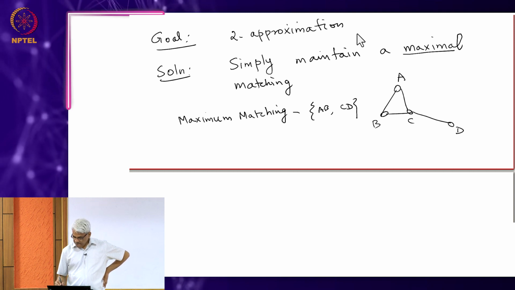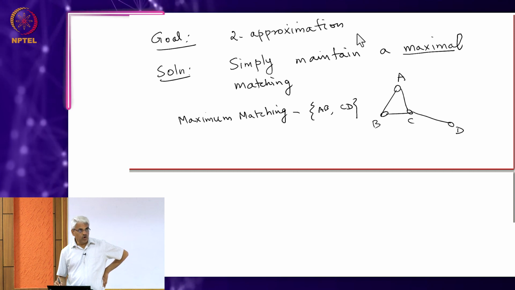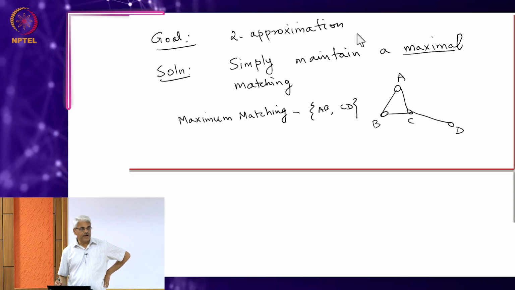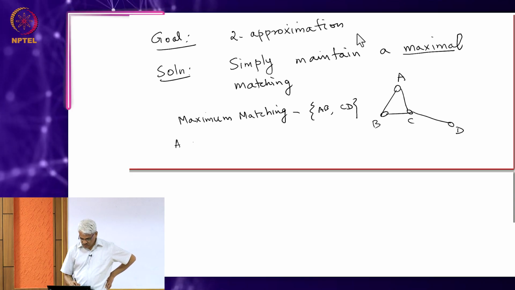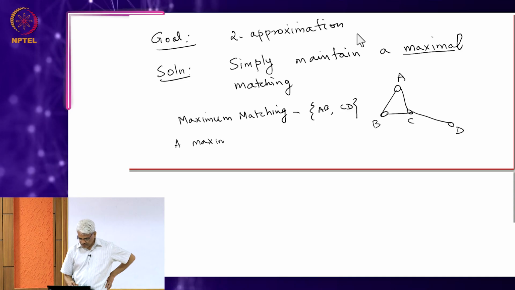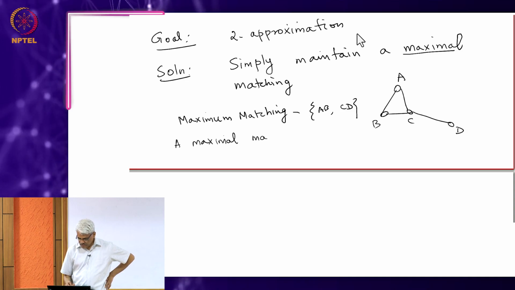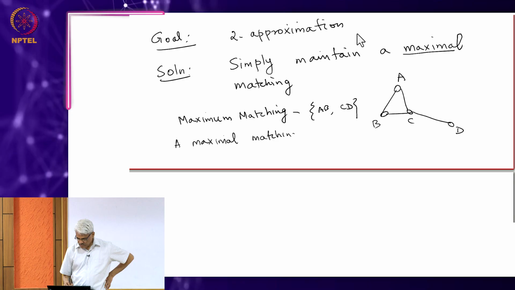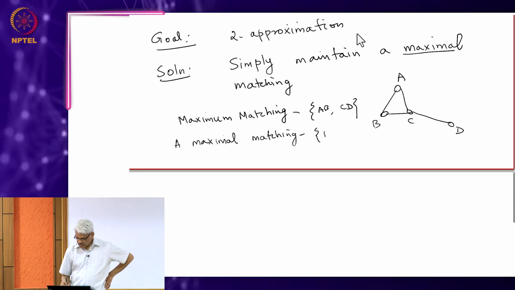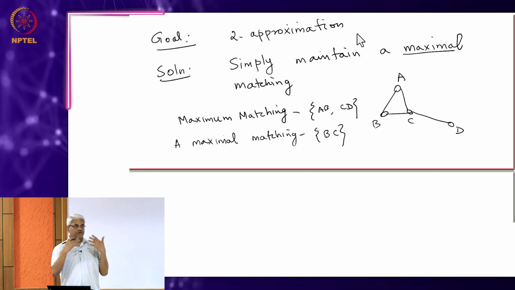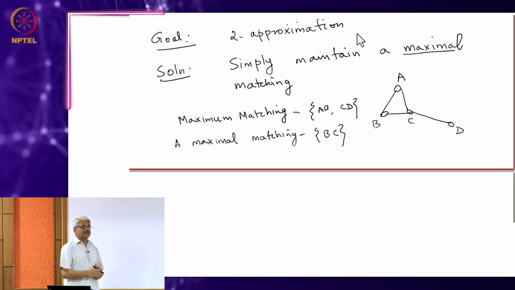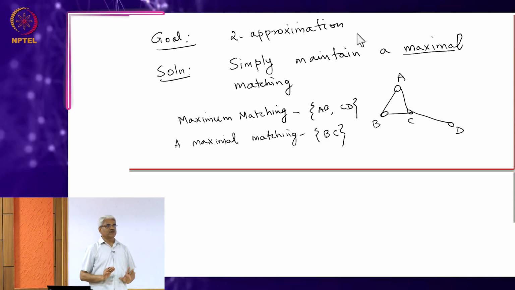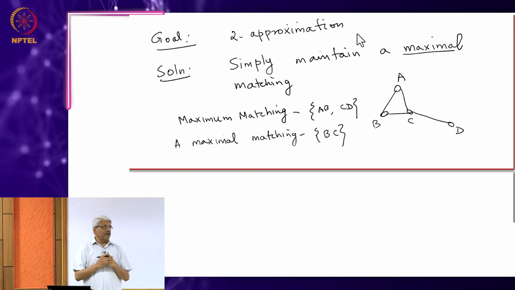Okay, can I add any more? No, and it is a maximal matching. It is not of the maximum size, but it is maximal because I can't extend it. Okay, that's the difference between maximal and maximum.